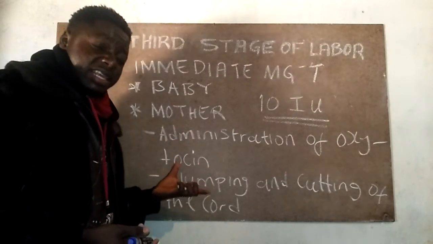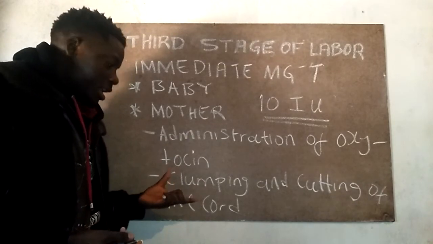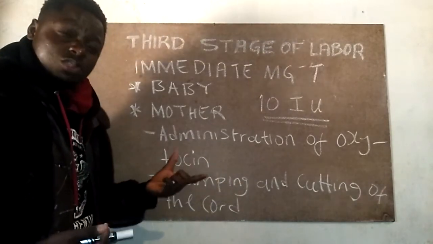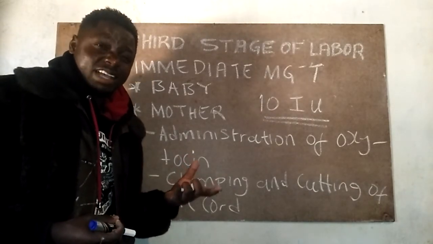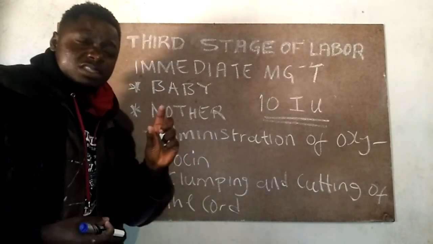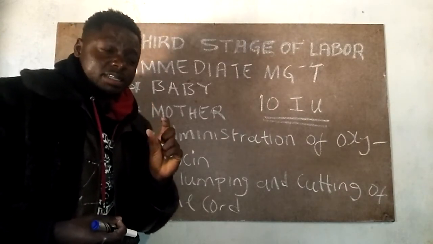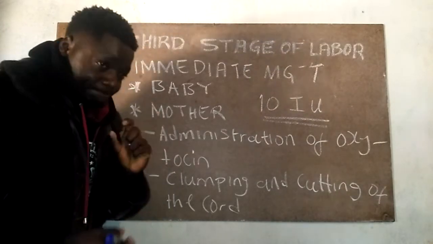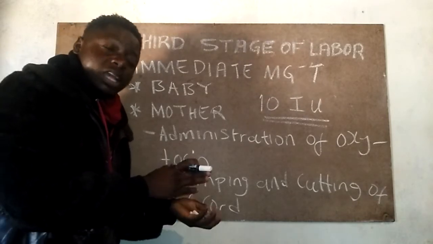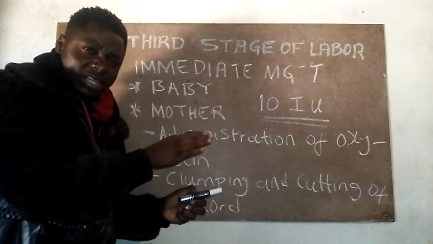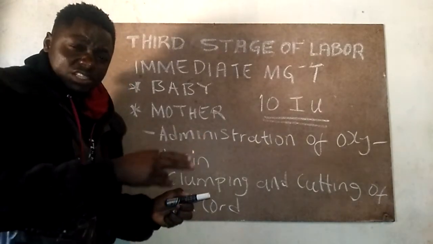There is no hurry in cutting the cord. It is advisable to delay at least 1 minute when cutting the cord, because nutrients that are retained in the placenta will then go to the baby. If you wait for at least 1 minute, all those nutrients will come from the placenta and go to the baby. That's when you can cut.